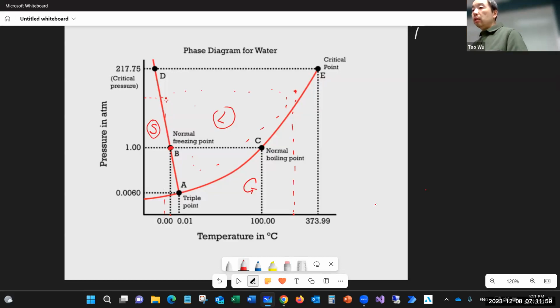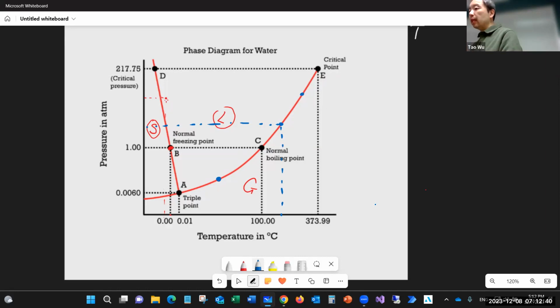Each of the dots shown on the graph represents one temperature and pressure. But I want you to understand something: what is the meaning if a dot shows up on the boundary? If a dot is on the boundary, that means at this temperature and pressure, we're going to have two phases, both liquid and gas.